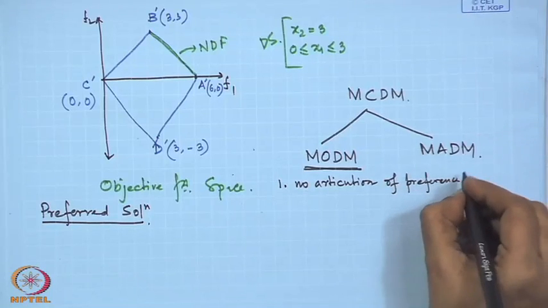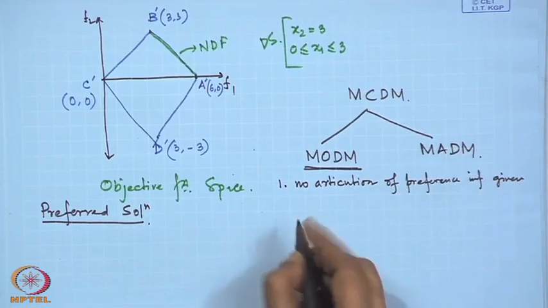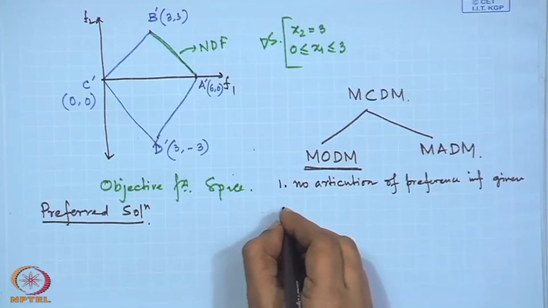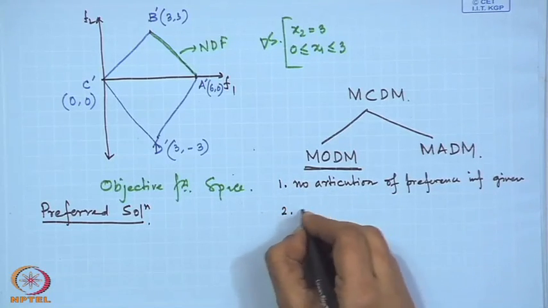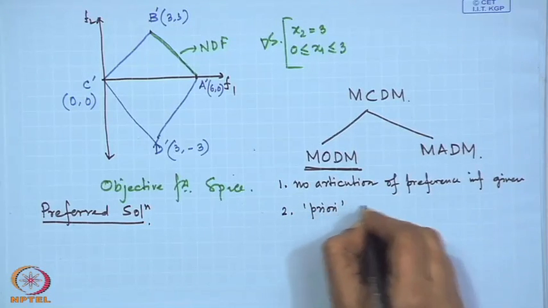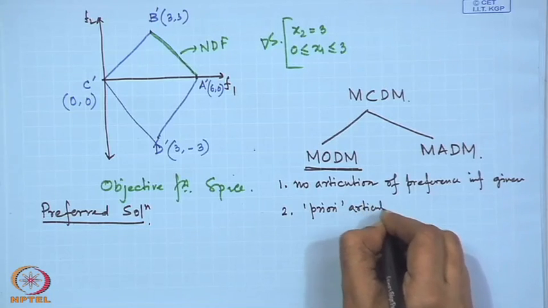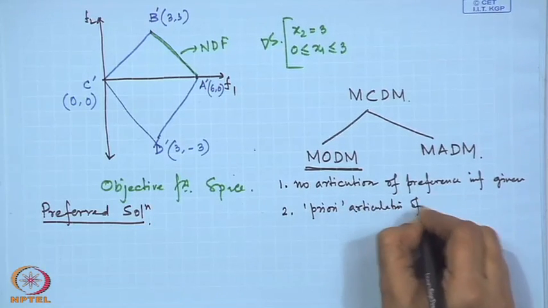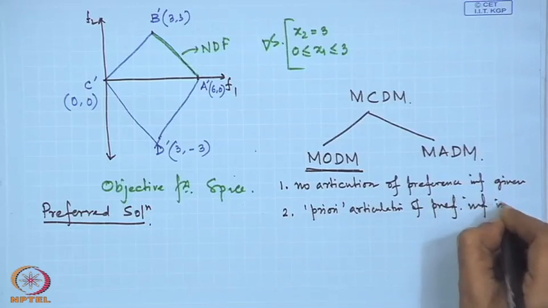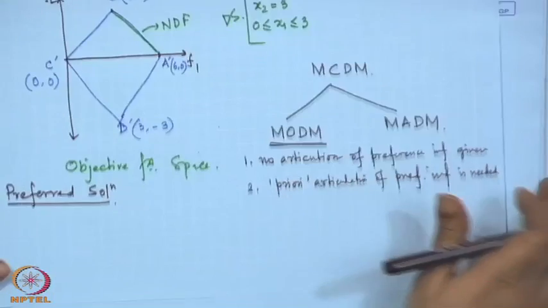That is called no articulation of preference information given. This is the first type. There are a few techniques within this type. The second type is where prior articulation of preference information is needed. There are a few techniques of this kind.